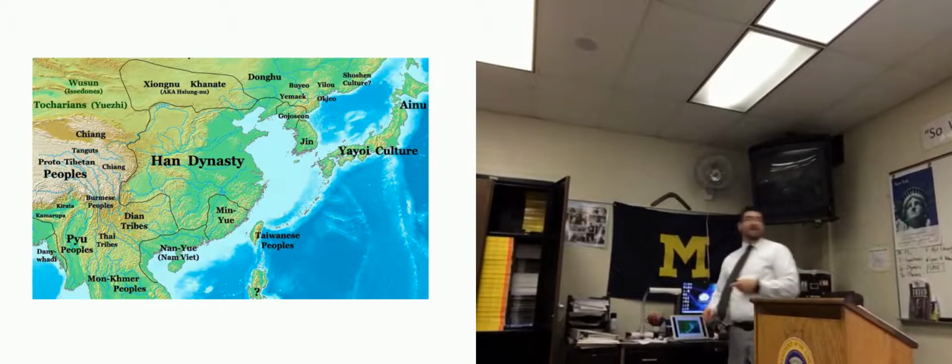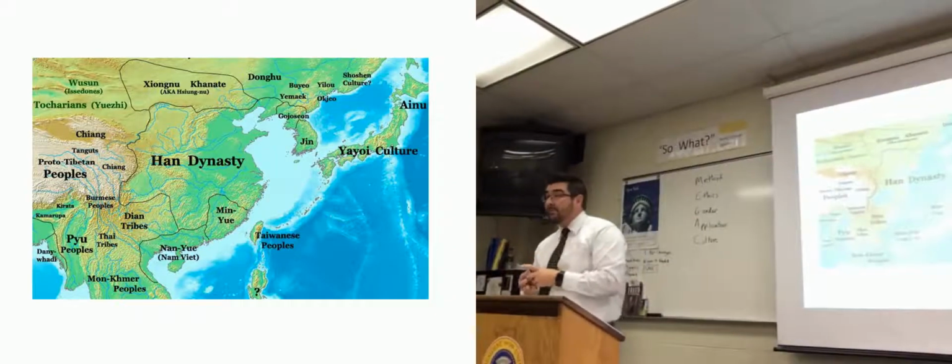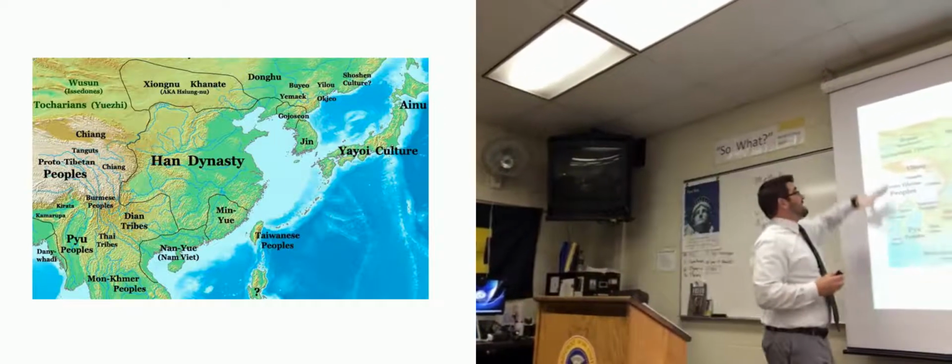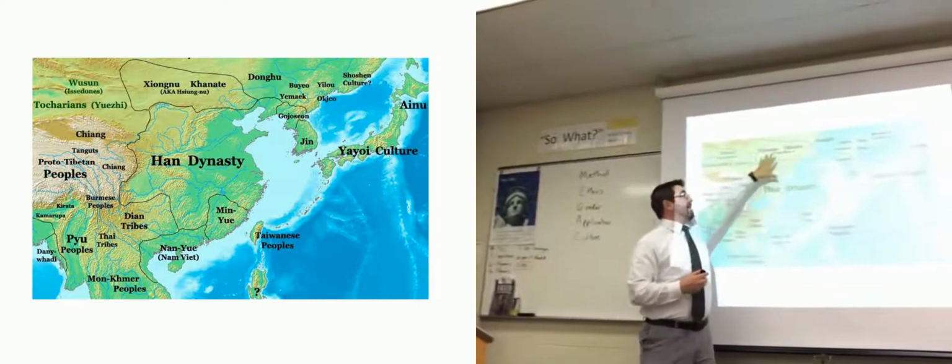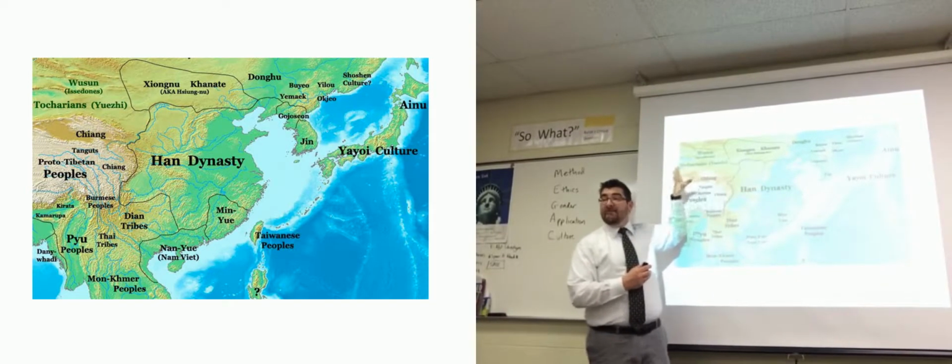So one group that we're going to lump into a collective is a group of nomadic peoples from Central Asia. When I talk about Central Asia, we're talking about the lands to the north of China and the lands to the north of India.